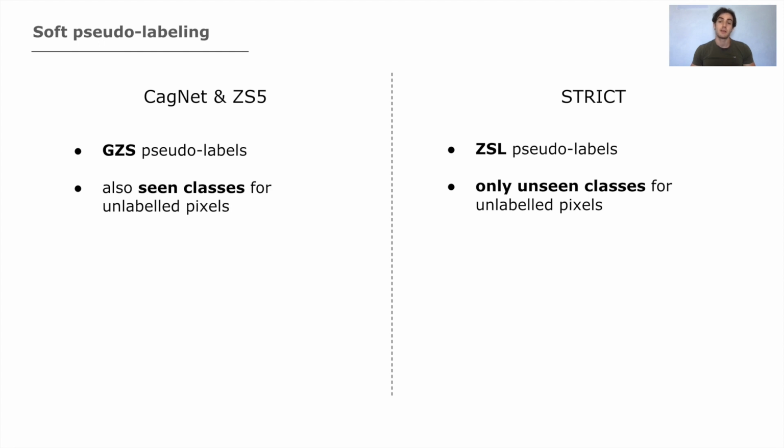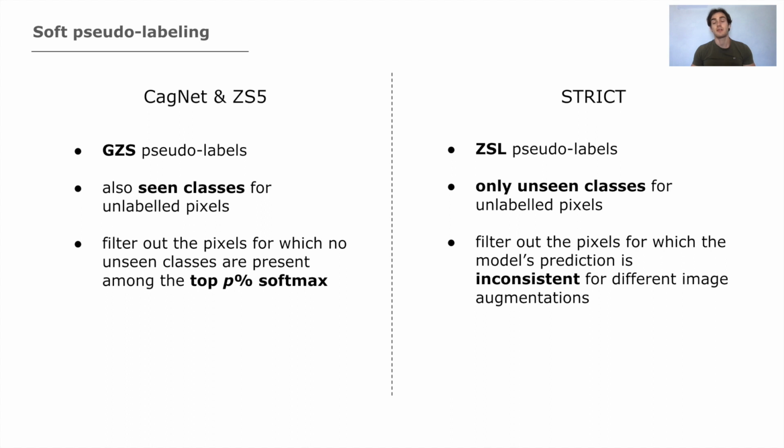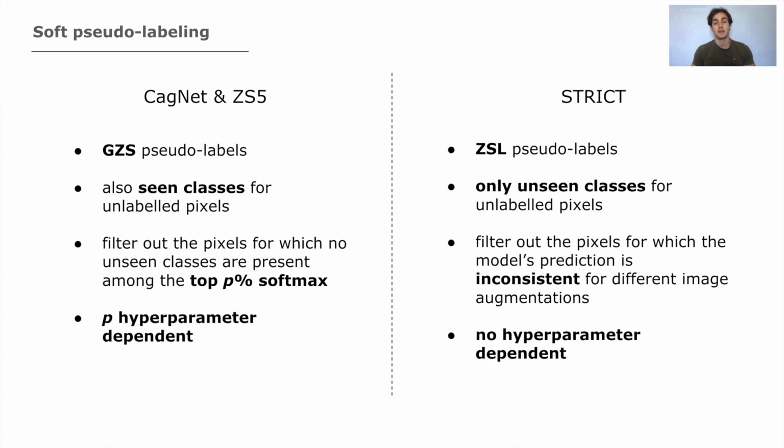Then, to filter out the seen predictions, they select only pixels for which unseen classes are present among the top P percent of the activations, relying on the hyperparameter P to be fine-tuned according to the confidence of the pseudo-label generator and to the dataset. On the contrary, our approach is simpler, not hyperparameter dependent, and more effective.